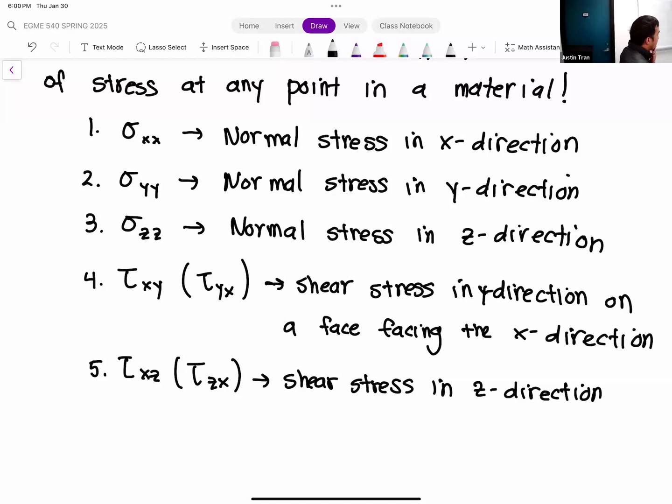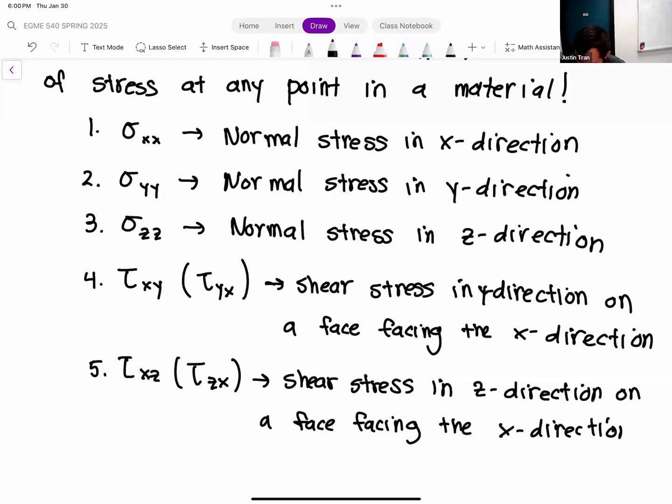I forgot the y there. So coming back to number 5 here, tau xz is a shear stress in the z direction, and this is on a face that faces the x direction.